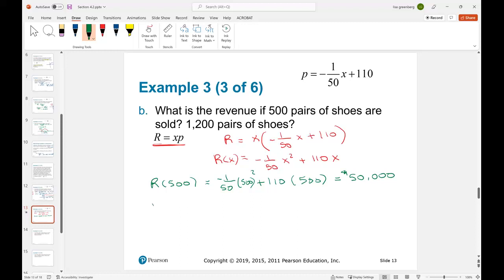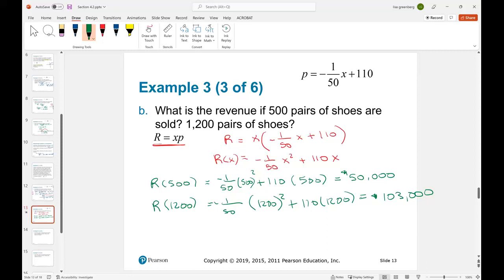What about if I sell 1,200 pair? If I sell 1,200 pair, I just plug in 1,200 plus 110 times 1,200. And when you do the calculations for that, you get $103,000.